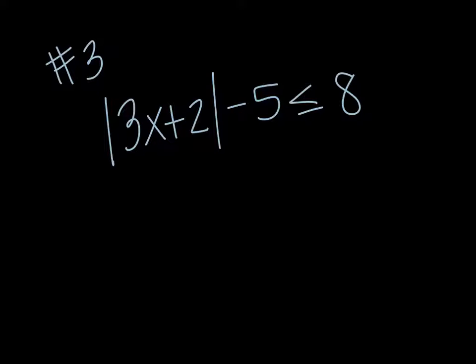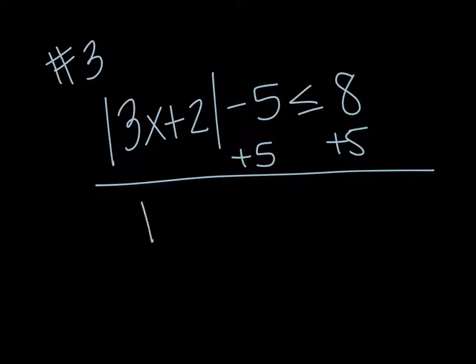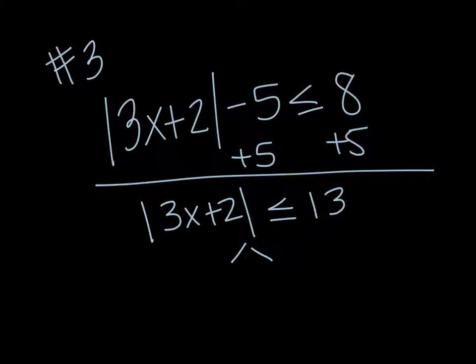We would need to add 5. So then you end up with the absolute value by itself on the left-hand side, and 8 plus 5 is 13. But you have to get that absolute value part by itself first. Now we can go ahead and split it up.